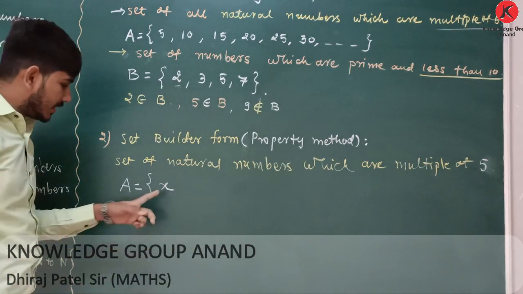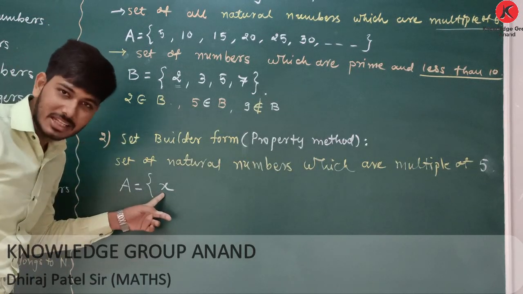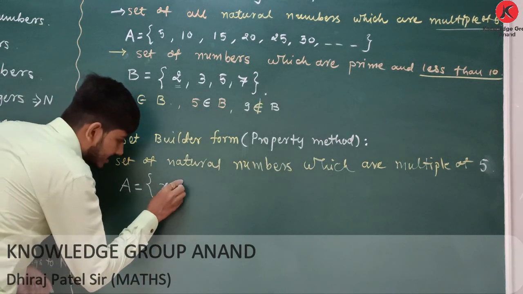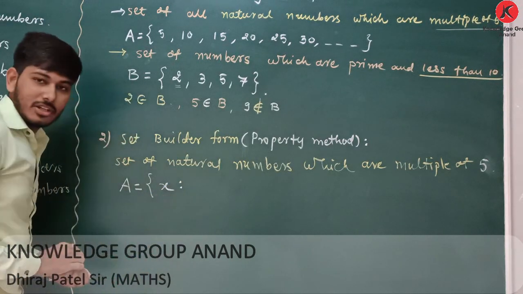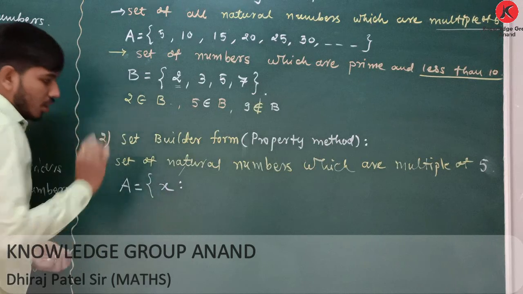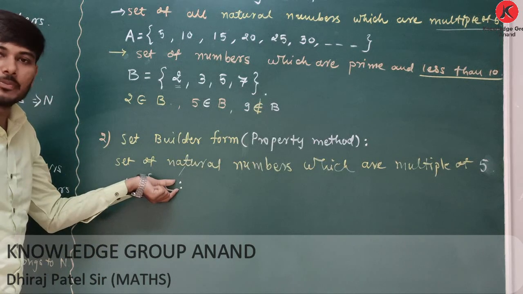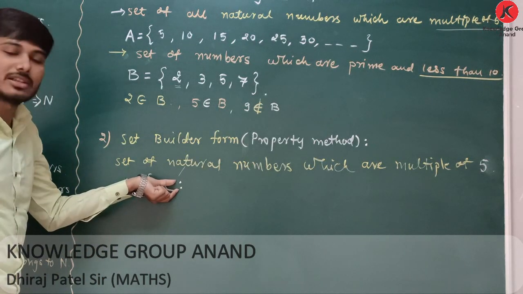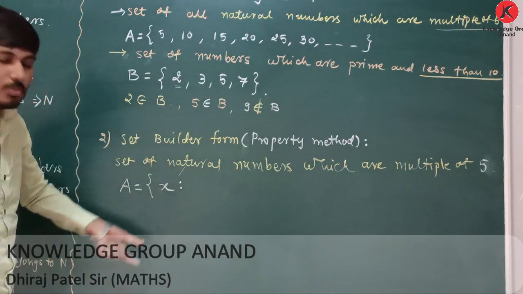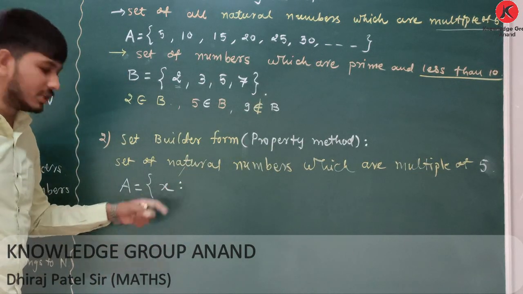You can consider the variable small x, small y, small z, or small a, b, c, d. I am considering small x, such that. The symbol for such that, or you can use slash. In the previous syllabus this symbol is given, and in the GSTB textbook this symbol is used. You can use both symbols. In your textbook this symbol is used, therefore I am going with this symbol.